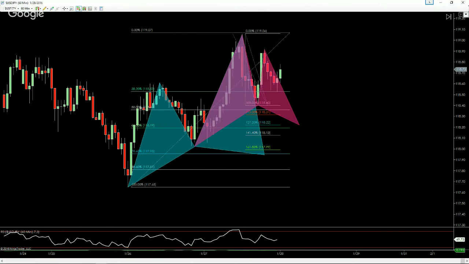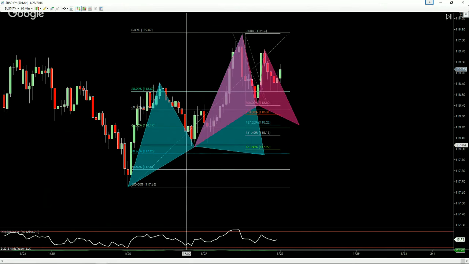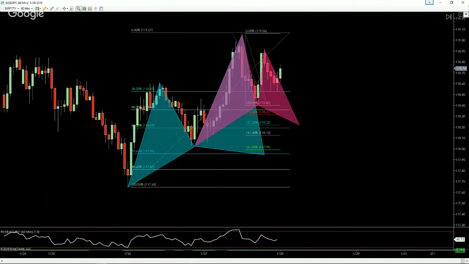So you want to choose, because you can't take both of them: one completes inside the other, and stops would have to be inside that Gartley or inside that bigger cipher pattern.